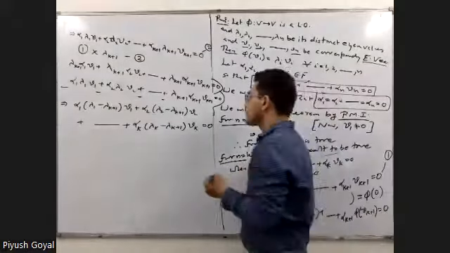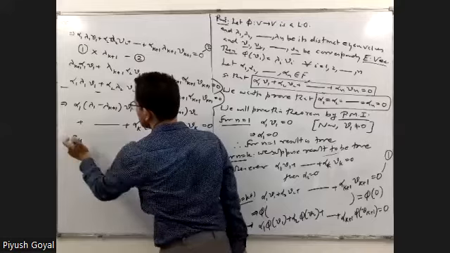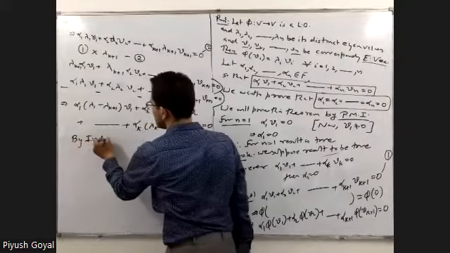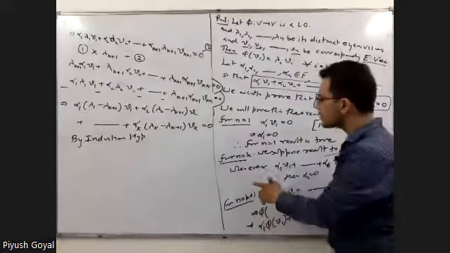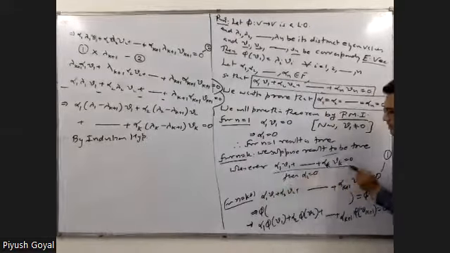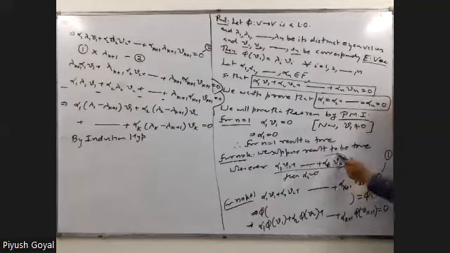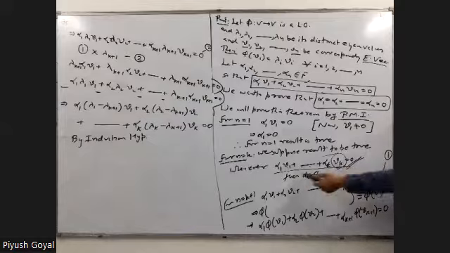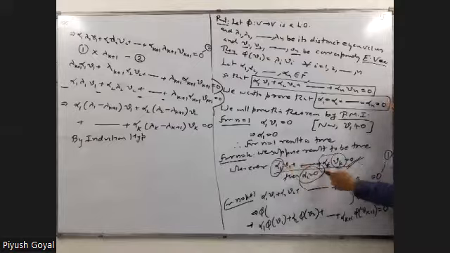Now you say that by the induction hypothesis, whenever you have a linear combination of k vectors v1, v2, v3 up to so on vk, and those are taken in linear combination and put equal to 0, then these scalars will become 0.